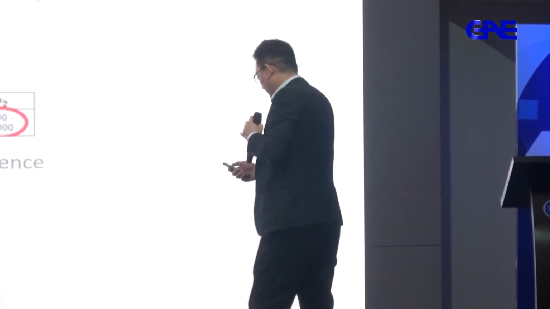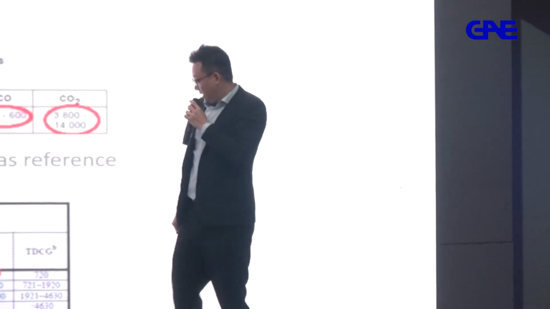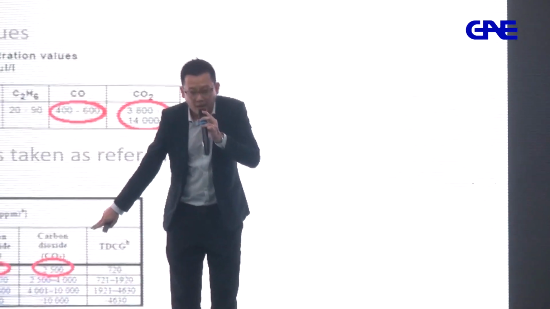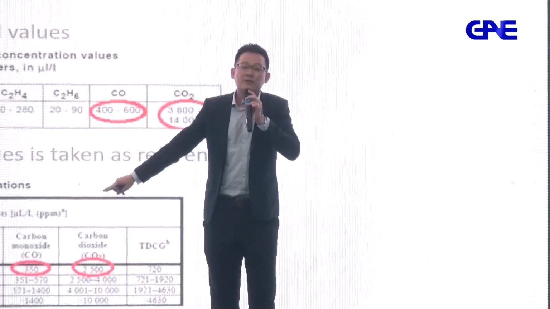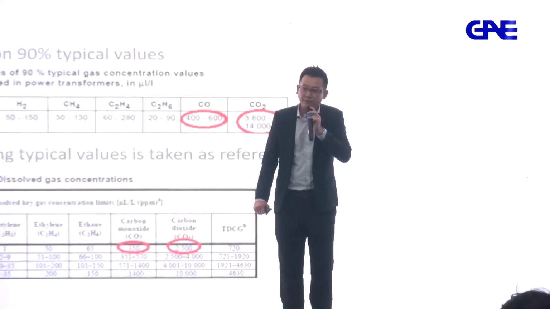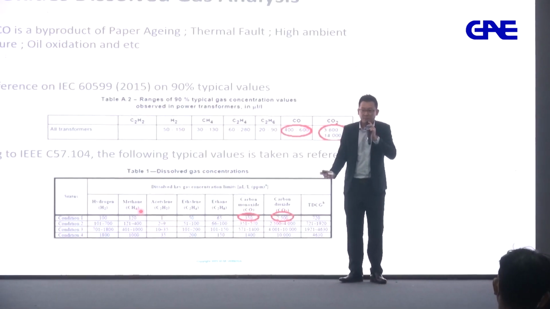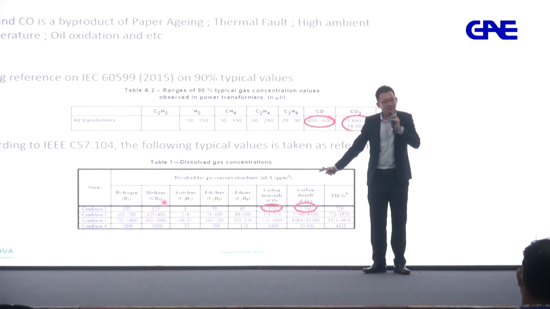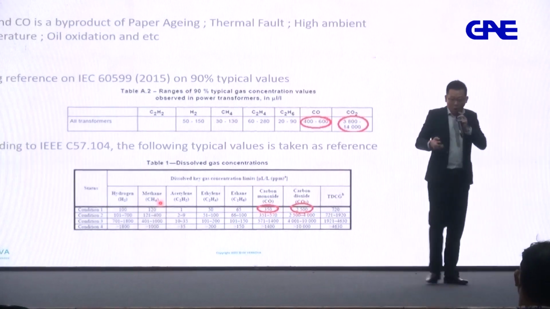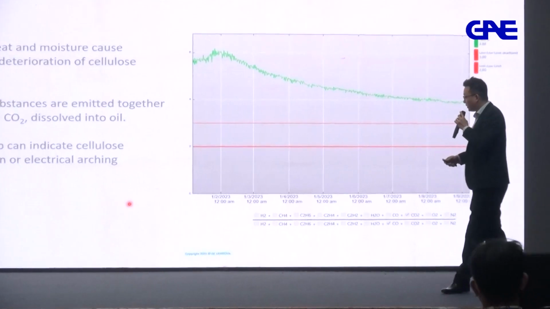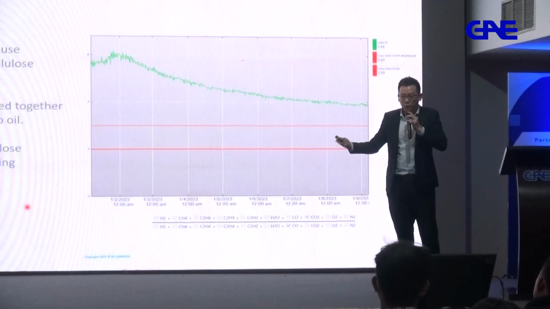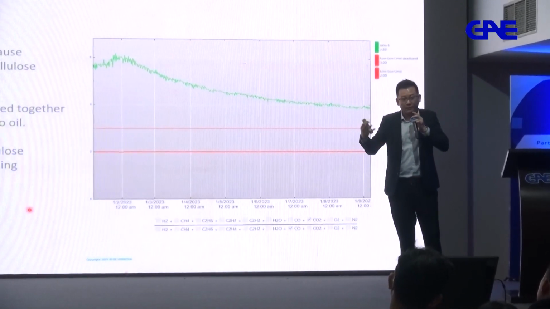But let's take for example, if I have 25,000 ppm of carbon dioxide with 5,000 of carbon monoxide, what is the ratio? Is it still 5? It's still 5. But is it a healthy transformer? No. So a lot of time, you don't really depend on the ratio, but you have to look into one and another gases to identify what exactly is wrong with the transformer.